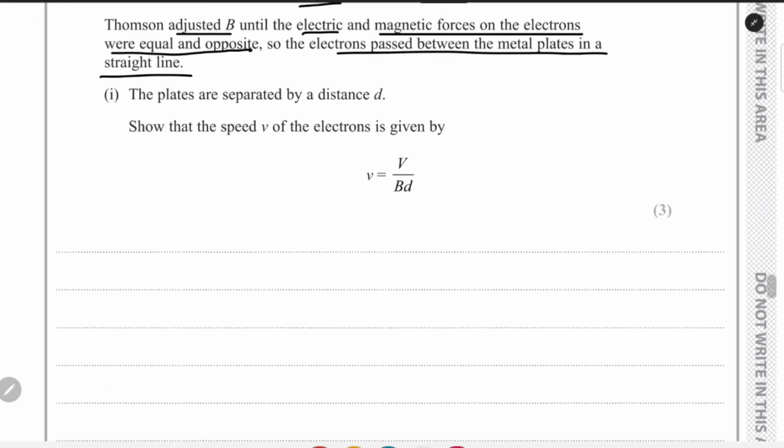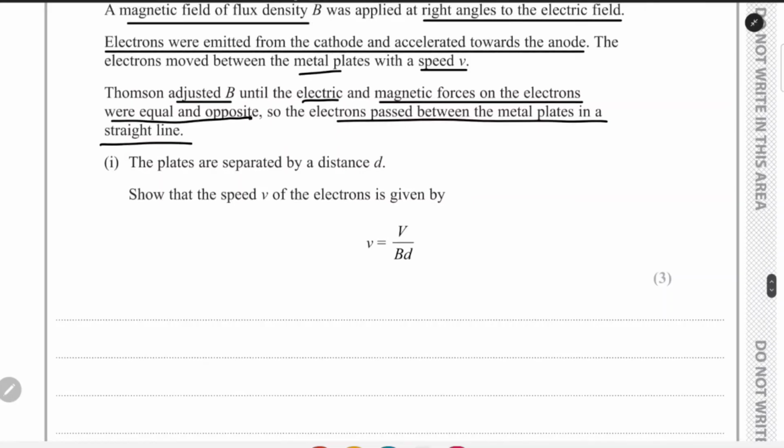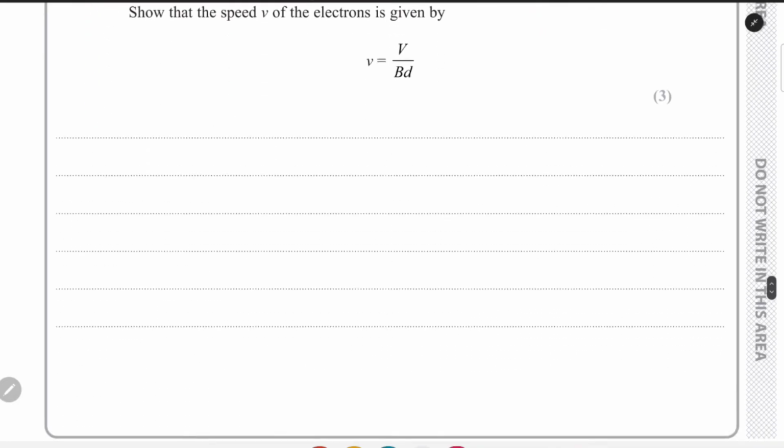For the magnetic and electric forces to be equal and opposite, they must have the same magnitude. So force due to magnetic field and force due to electric field must be equal in magnitude. So BQV is equal to EQ.